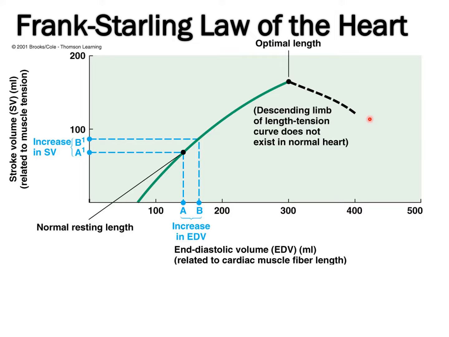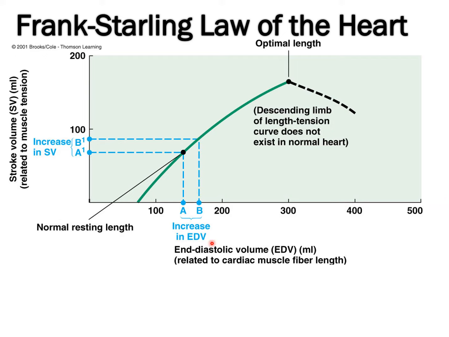So this portion right here is not where you ever want to be as far as the pumping function of the heart. So this is where you are if you have dilated or congestive heart failure, sometimes called backwards heart failure, and you can see the volume of blood in the heart is getting bigger and bigger, and you're just dilating it and dilating it.